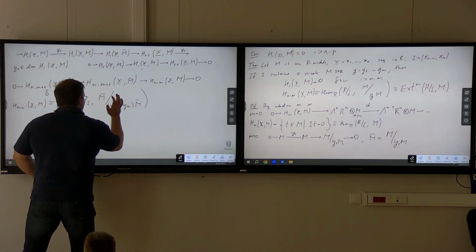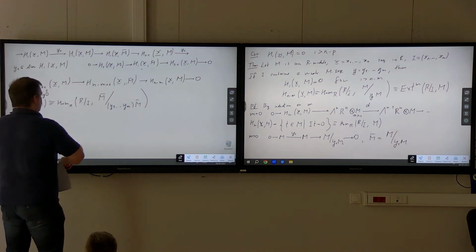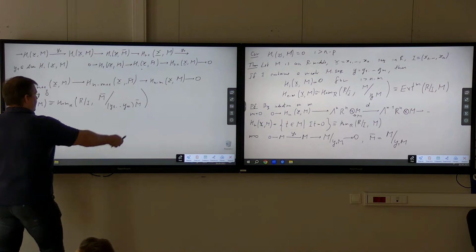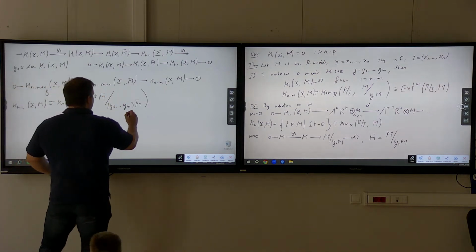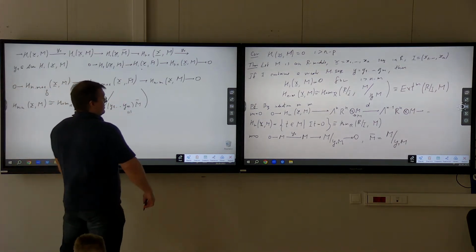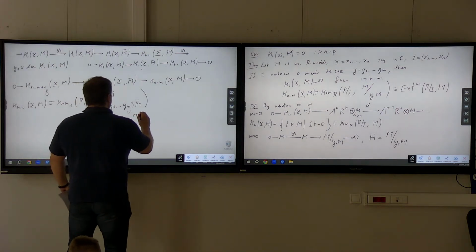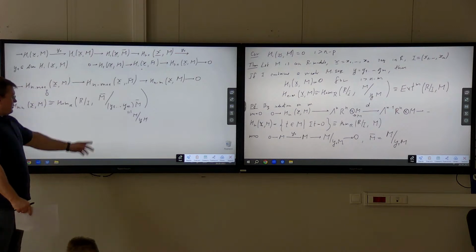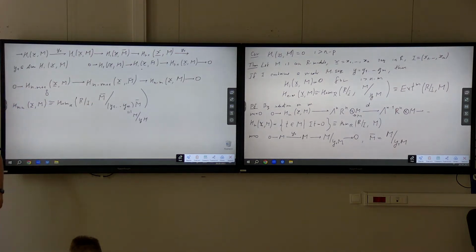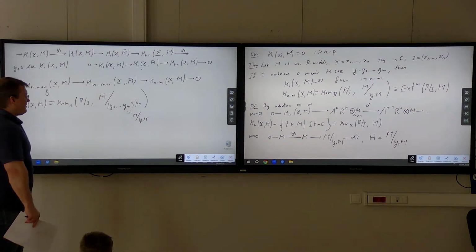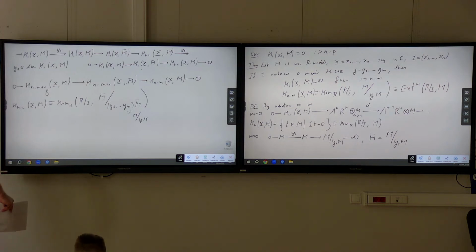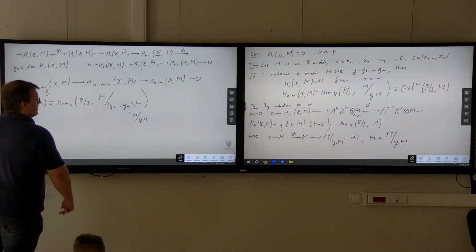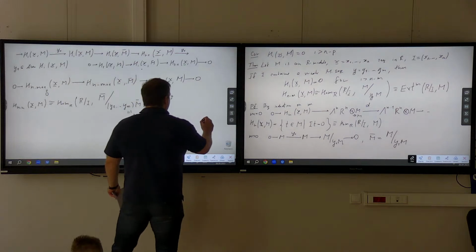So now what I need to do is just identify this module with the module that I want, M modulo (y1,...,ym). This is the third isomorphism theorem for modules, where I can take the quotient in steps. So I can take the quotient first by half. I guess it's not very hard to see. Okay, so this is the end of the proof.